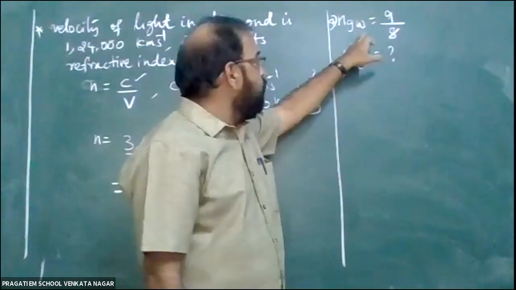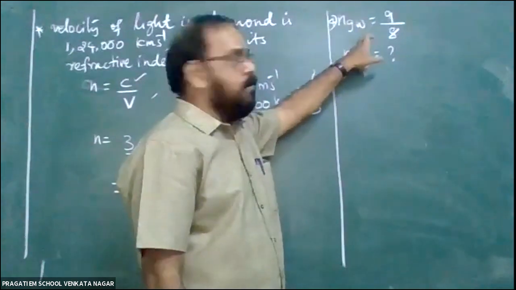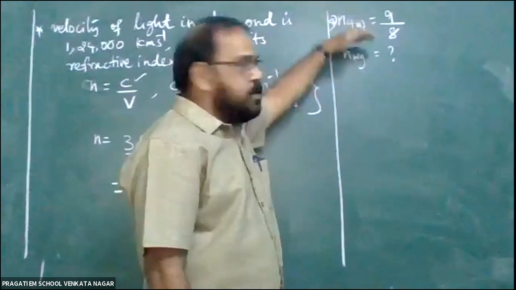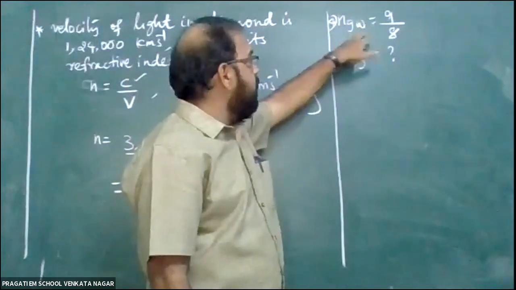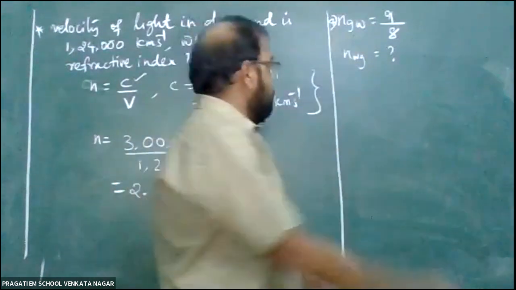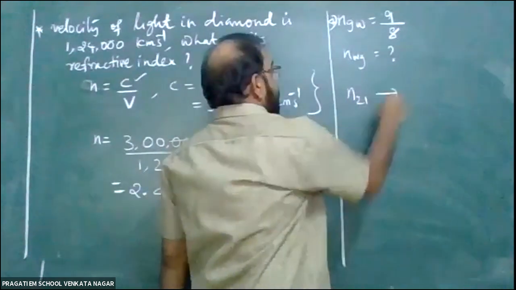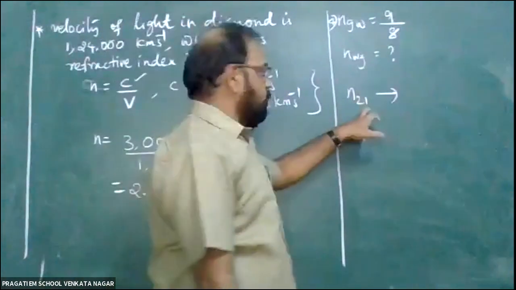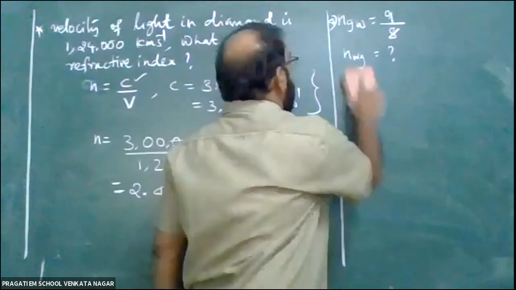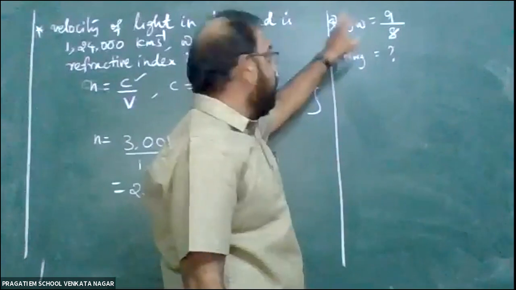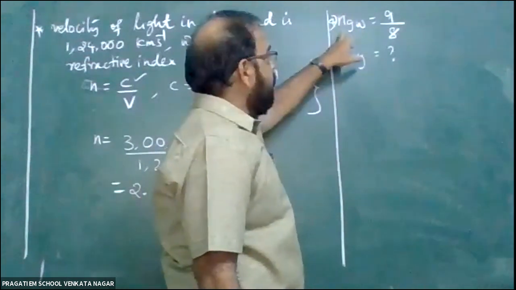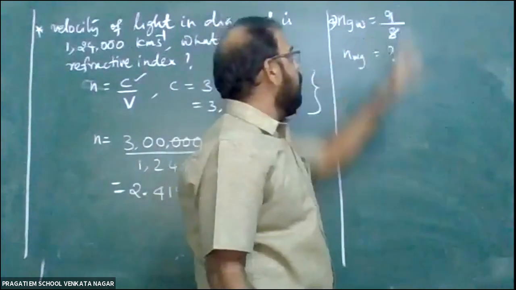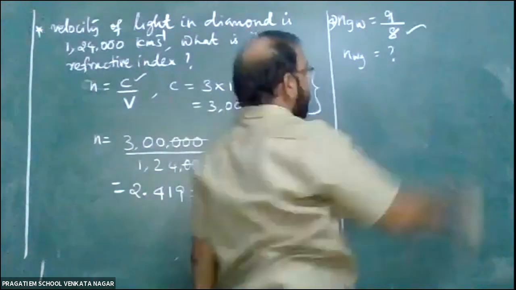Here we consider two media, one is glass and another is water. I said N21 means refractive index of the second medium with respect to the first medium. So N G W, G for glass, W for water. Refractive index of glass with respect to water is equal to 9/8.